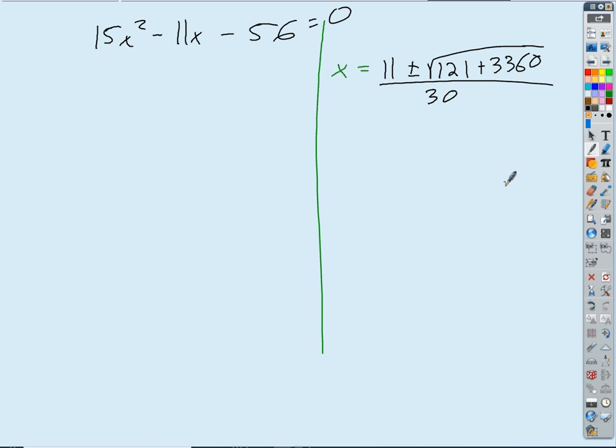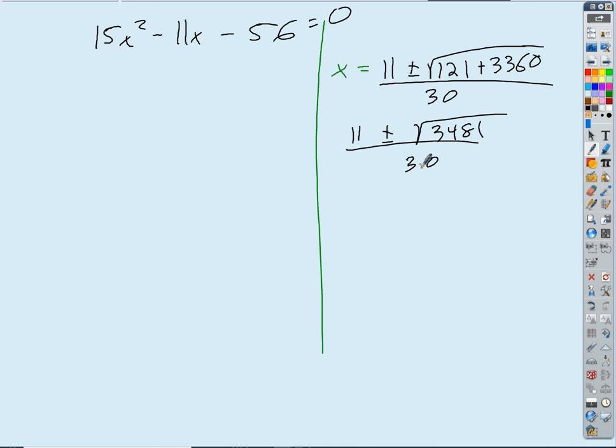Okay, so now what? We simplify, right? So we're gonna get 11 plus or minus the square root of, what's that gonna be, 3481? Yeah. All divided by 30. Okay, so we need to simplify that radical. Okay, remember, so this is good practice.